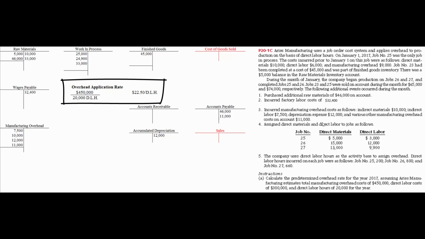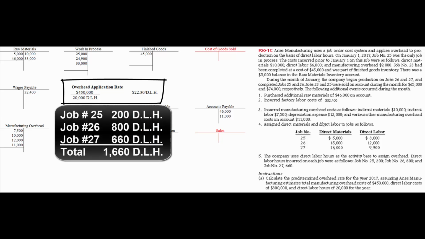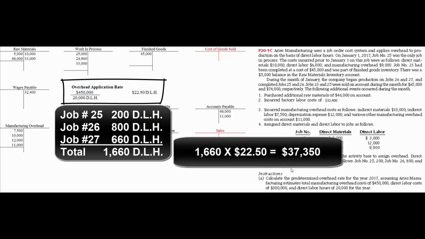It tells us that the labor hours we used on the jobs during the month of January were 200 plus 800 plus 660, or 1,660 times 22.5 tells us that we're going to move a total of $37,350 of overhead out of overhead and apply it to the work in progress.